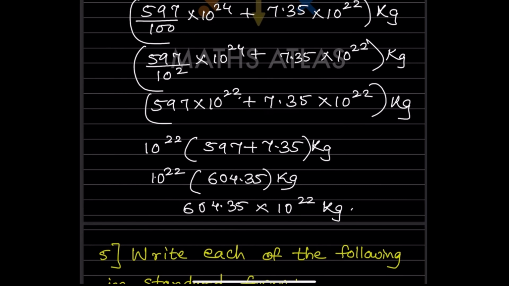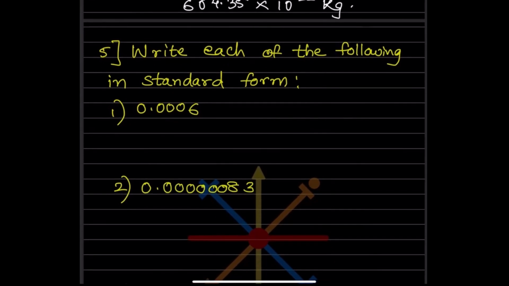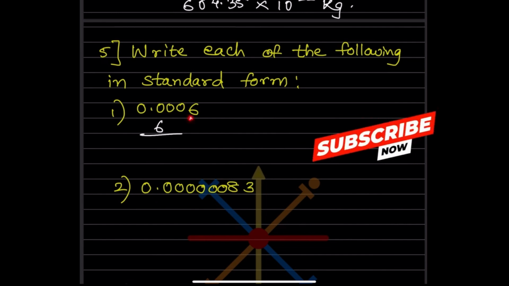Now let us see here, write each of the following in standard form. So here we have 0.006. Now what we have to do is write first 6. Then how many digits do we have after this one? 1, 2, 3 and 4.